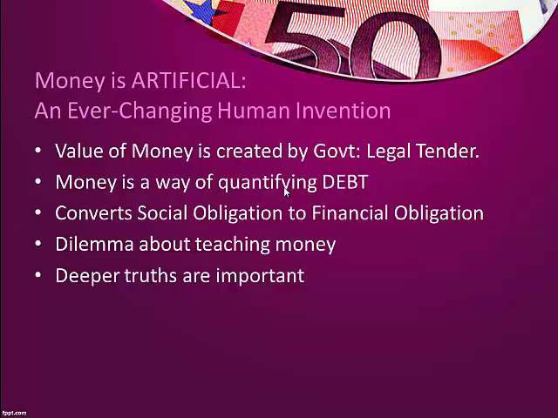So the value of money is created by the government by saying that this money is legal tender. Money is a way of quantifying debt. This is David Graeber's book, which is very important to understand the nature of money. So basically, if I owe you something, what happens in a monetary economy is that I sell you apples or tomatoes.